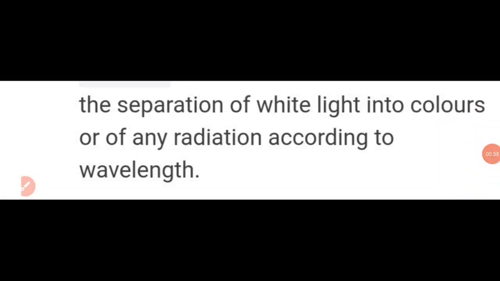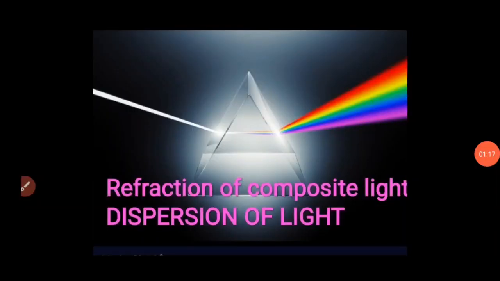The separation of white light into colors according to wavelength is known as dispersion of light. Simply, when a beam of white light or composite light is refracted through any transparent medium such as glass or water, it is split into its component colors.